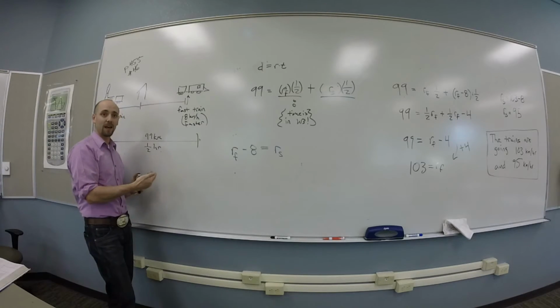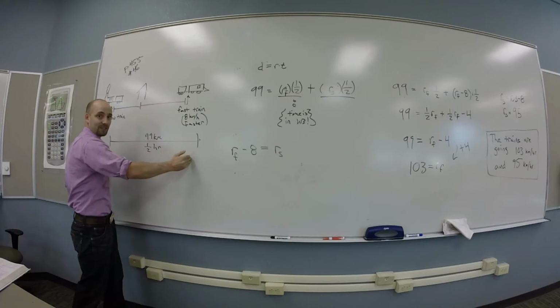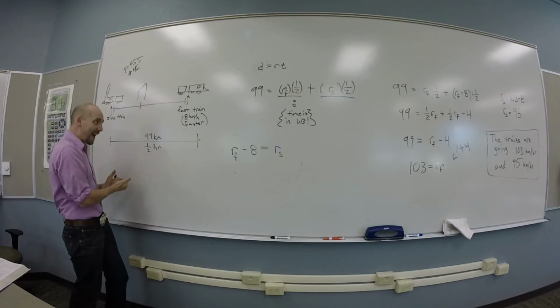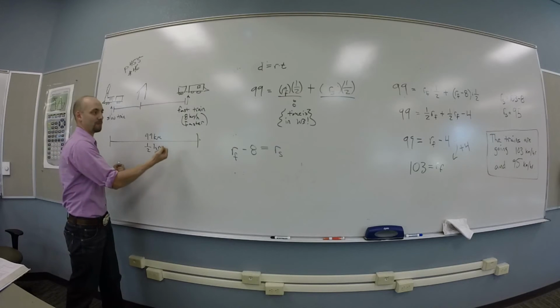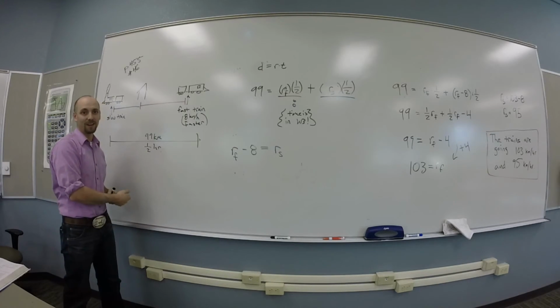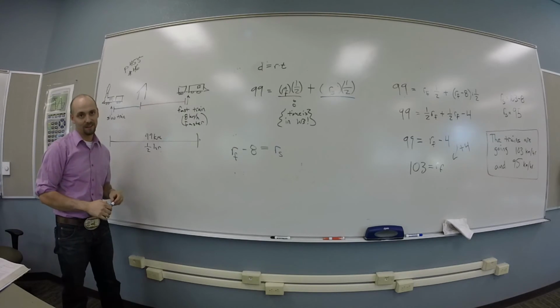So if I subtract that off the total, I've got the 95 kilometers that both trains go in that half hour, right? But they're adding that together. So a half from this side, a half from this side makes the whole rate. That's my 95. That's the rate of the slow train. Then I add that 8 to get the other one.